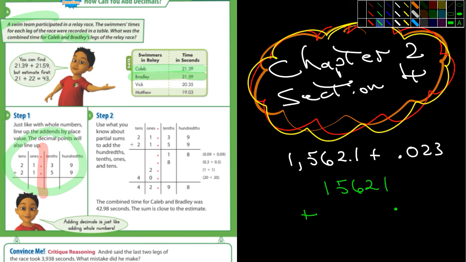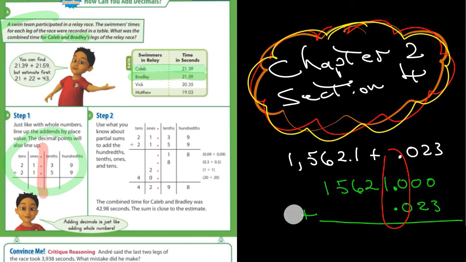I could put a decimal right here and put 3 zeros there just to help me keep things lined up. But what's really important here is keeping the decimals lined up. So you should know how to do that.